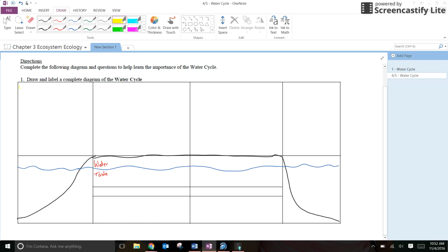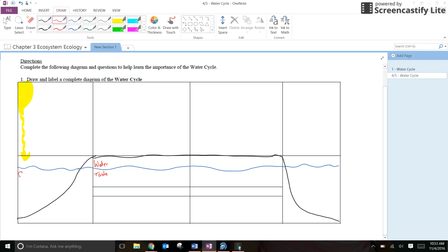We have to have some energy present in our diagram. That's why we're going to add the sun in the top left. The rays of the sun are going to shine down onto all things, but in particular, what we're concerned with is the ocean or lake down here.